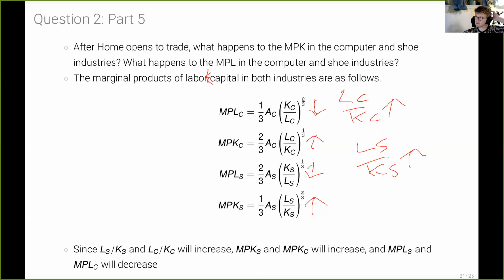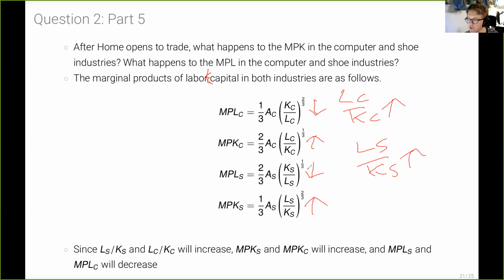And so each laborer is going to be less productive, whereas now capital has more labor to work with, and so each unit of capital is going to be more productive. And so this is just going to be diminishing marginal returns to each factor that are just kicking in here.